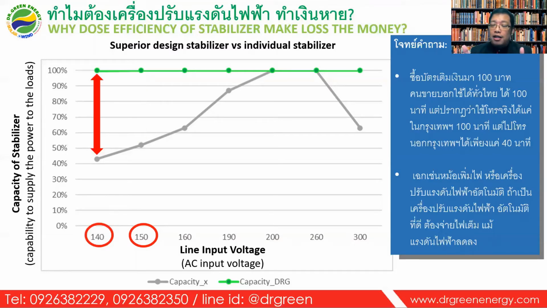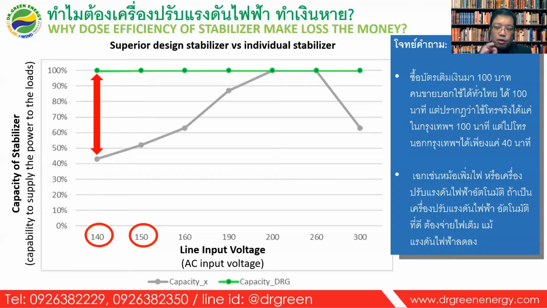So the capacity of the stabilizer will be reduced by 50%. So for example, if you buy a 10 kVA stabilizer, after the voltage drops to 150 volts, the capacity is reduced to only 50%, which is 5 kVA. So you can consider you lost money already. All right. So this is another point where we need to be careful when choosing a stabilizer in the market.